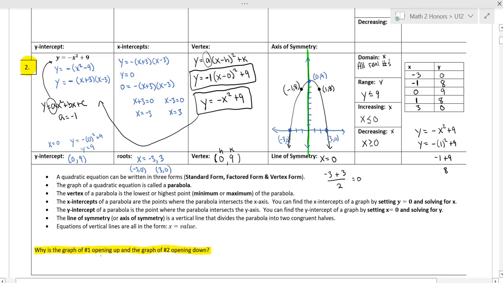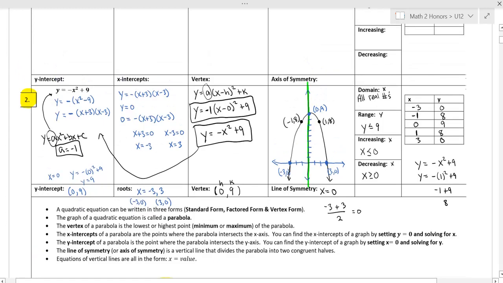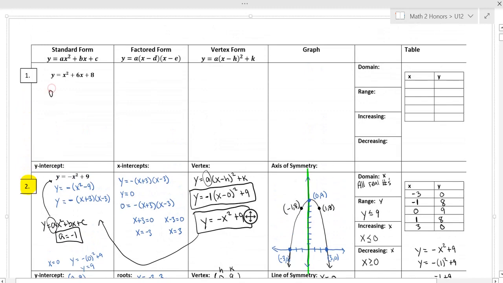Sometimes you have questions at the bottom here, and here I highlighted it, and make sure you answer those questions for your homework. It says, why is the graph of number 1 opening up and the graph of 2 opening down? And if you notice in number 2, a is negative, right? We've got -1. In number 1, a is +1, and it really depends on what a is.